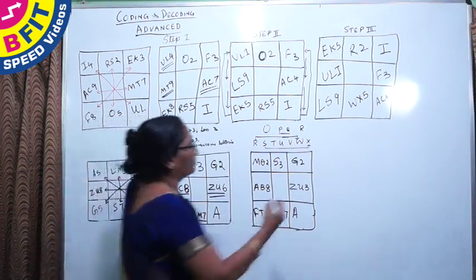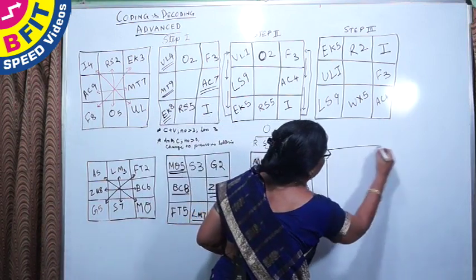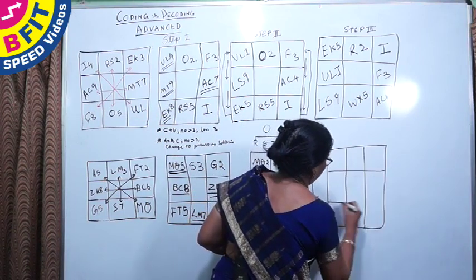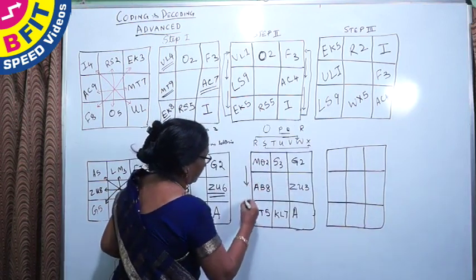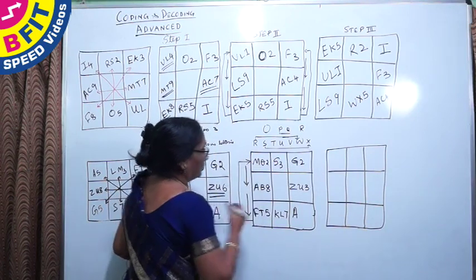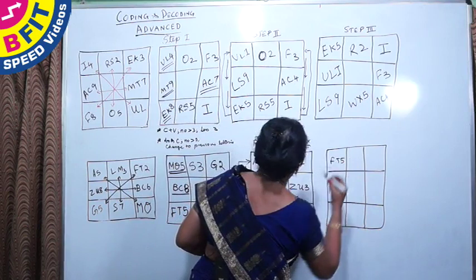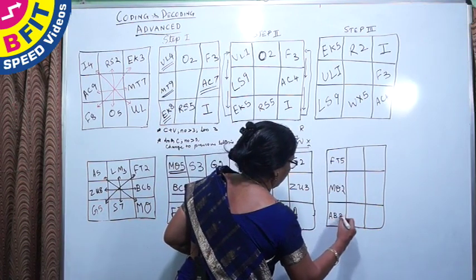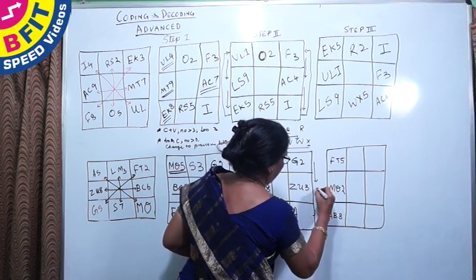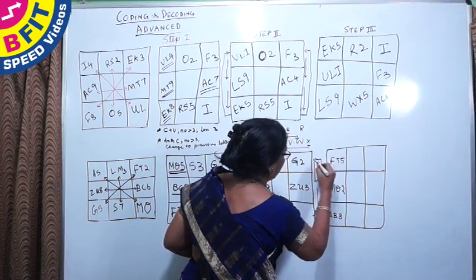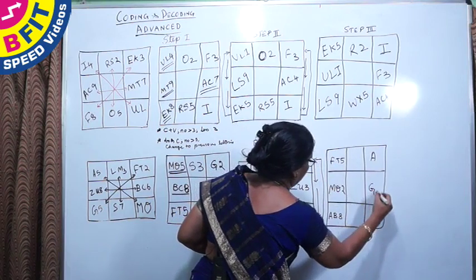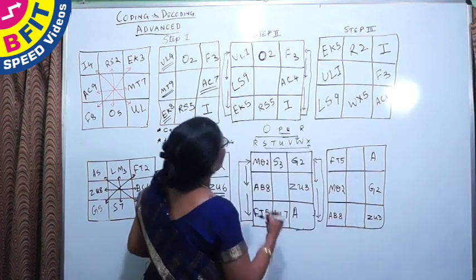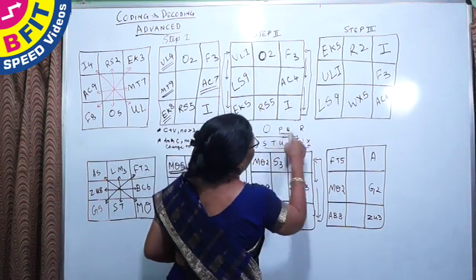Now for step 3, and O becomes R, leaving 2 letters.